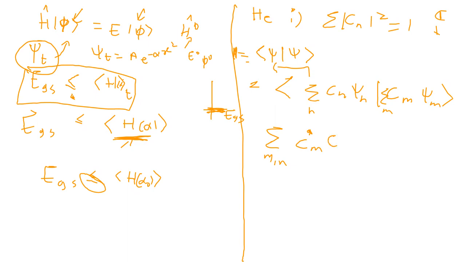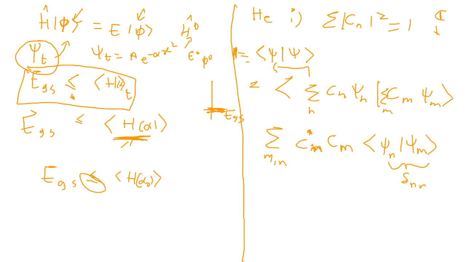So similarly, when you take out the Cn, take out the Cm, then you're left with the overlap psi n, which I'm calling phi, but fine, psi m. It doesn't matter because these things are orthonormalized.